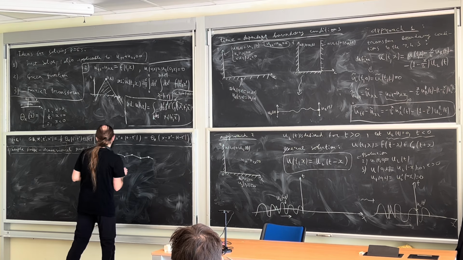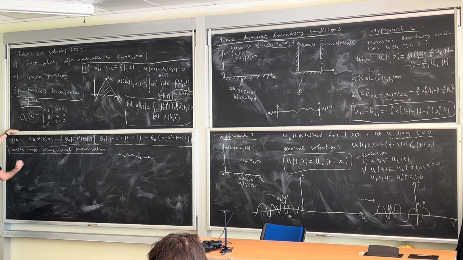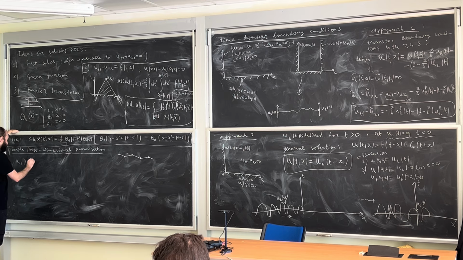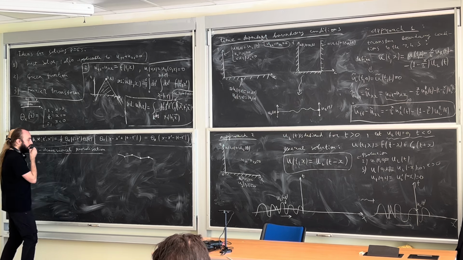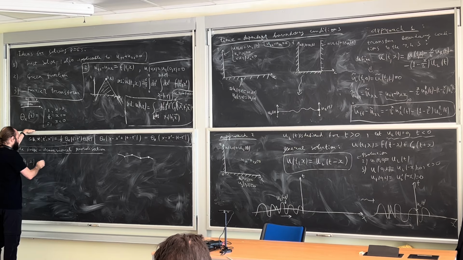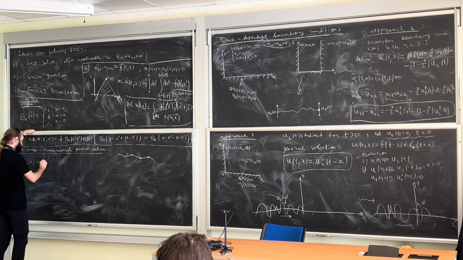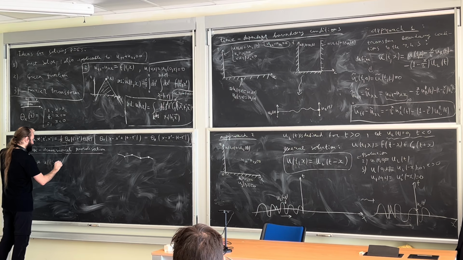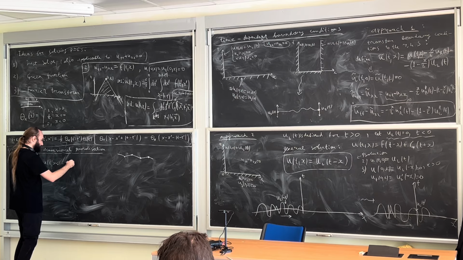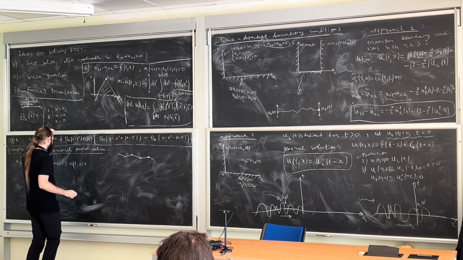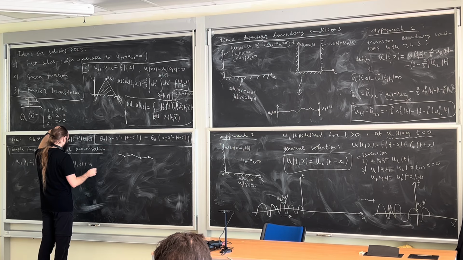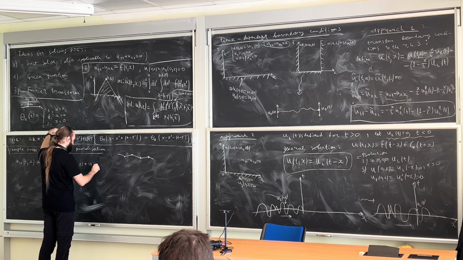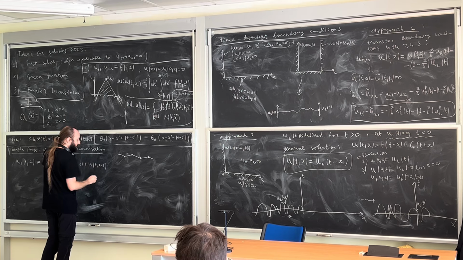So the second derivative of u of t and x was u of t, x plus 1, minus 2 u of t, x, plus u of t, x minus 1.